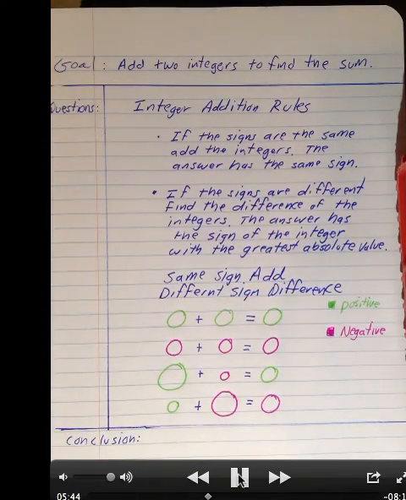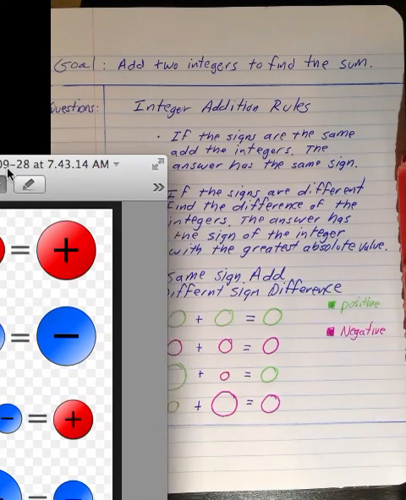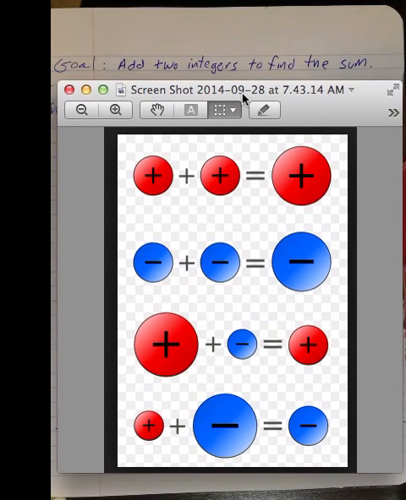I'm going to stop this, and there's another graphic that I want to show you, and this poster will be up in the room. So a positive plus a positive is positive. Negative plus negative is negative. And I like this graphic even a little bit better because it shows that these are bigger. They increase. A positive plus a positive is even more positive.